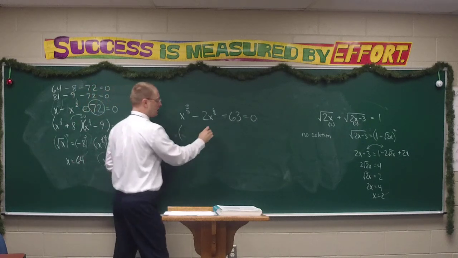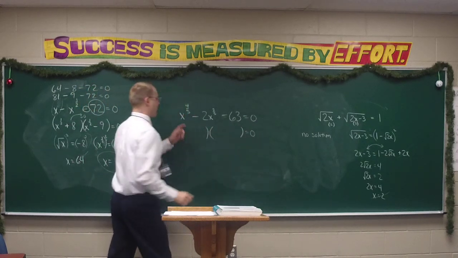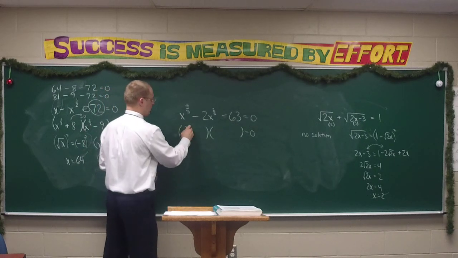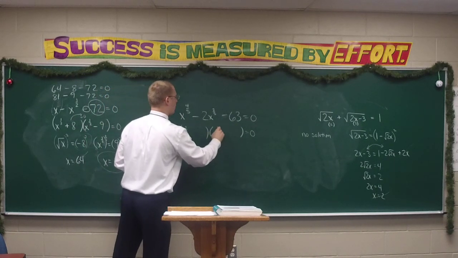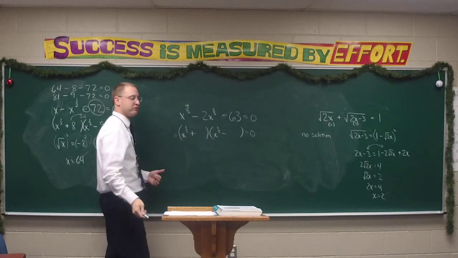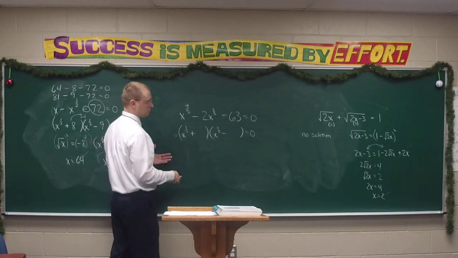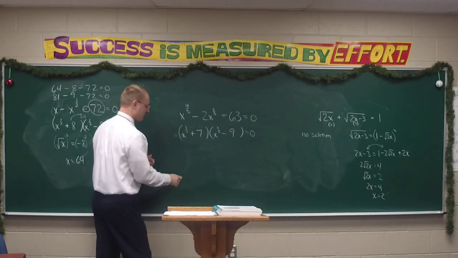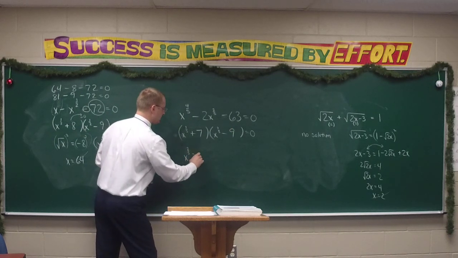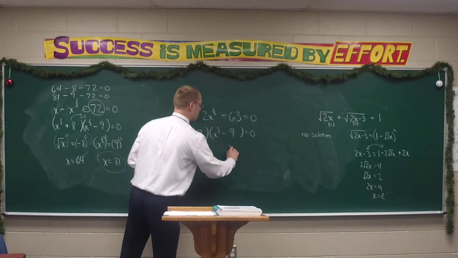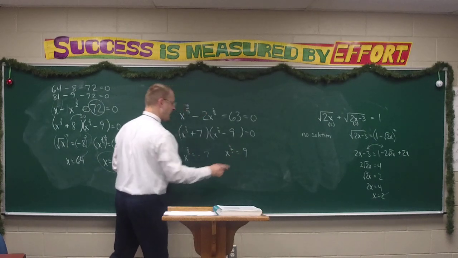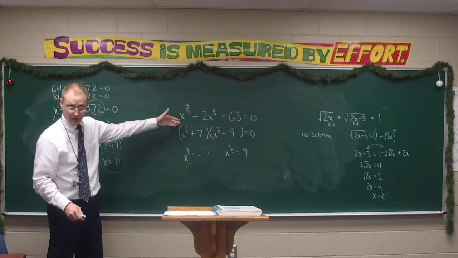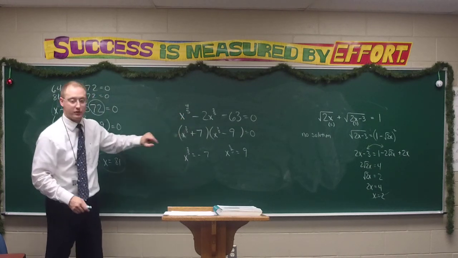All right, well here, we would factor, class, the x to the 4/5 into positive, negative, 7 and 9. There we go. So we end up with x to the 2/5 equals -7, x to the 2/5 equals 9. What power do I raise to, Genesis, to knock out a 2/5?